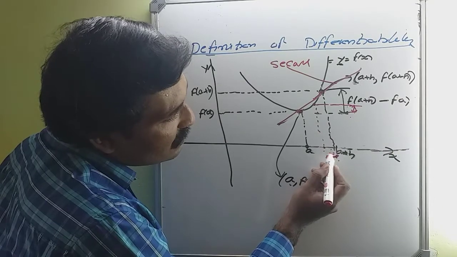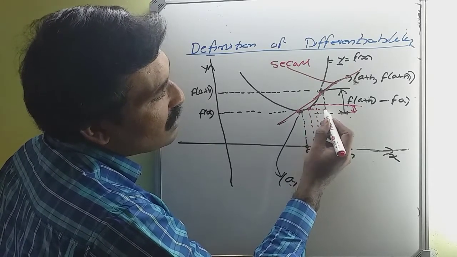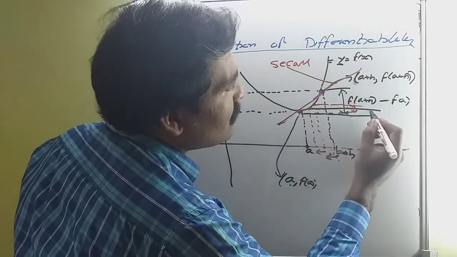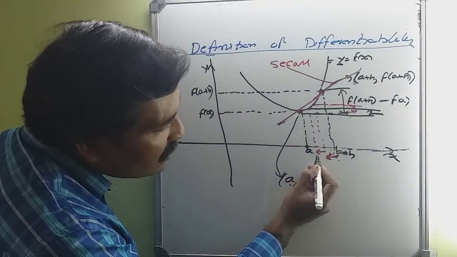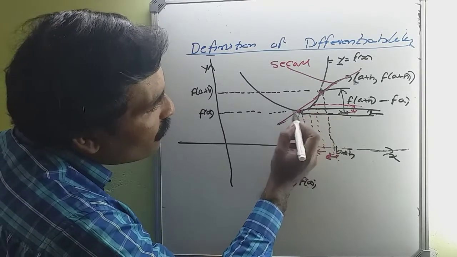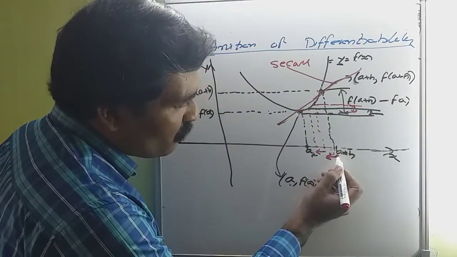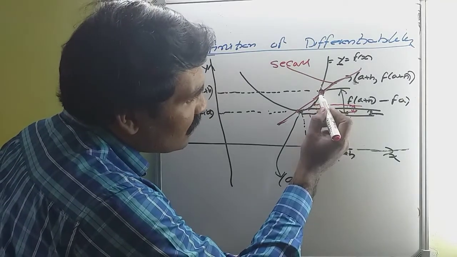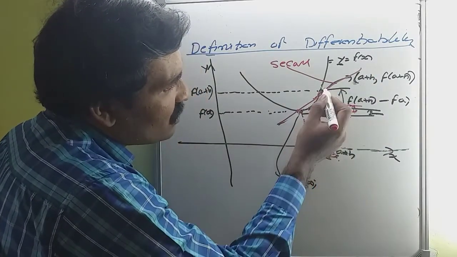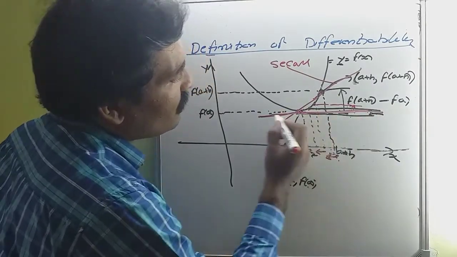As h tends towards 0, the difference in height between these two points decreases again. The point on the secant keeps moving along the curve towards this point and finally reaches it. When the secant touches the curve at this point alone, we can draw the curve like this, and this is our tangent.